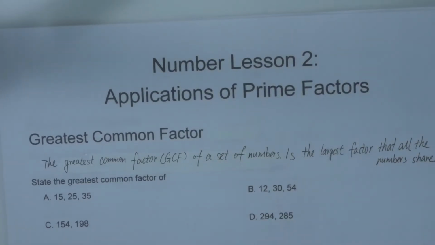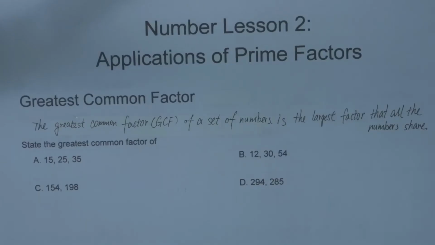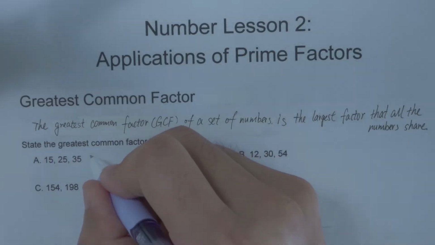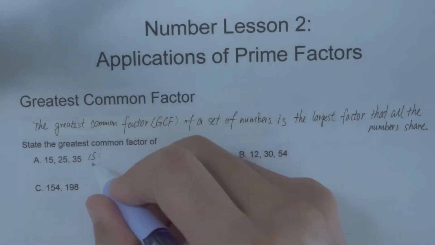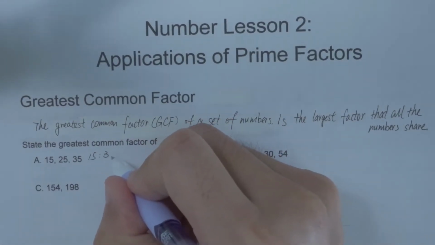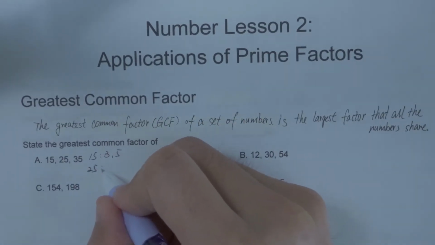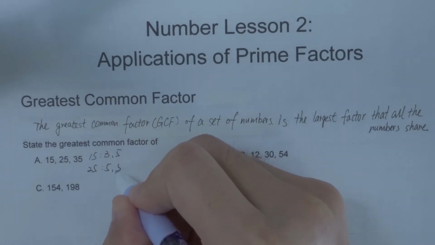Let's look at some examples. State the greatest common factors of A: 15, 25, and 35. In this way, we can find the common factors. For 15, the prime factors are 3 and 5. And 25 is 5 and 5.